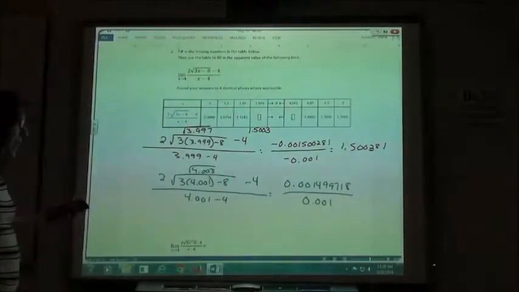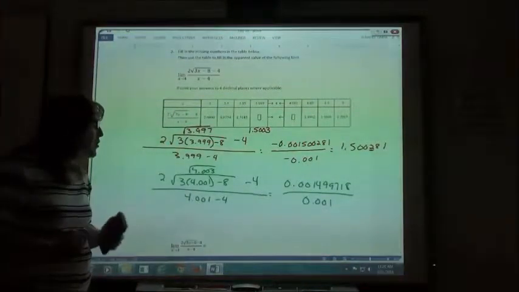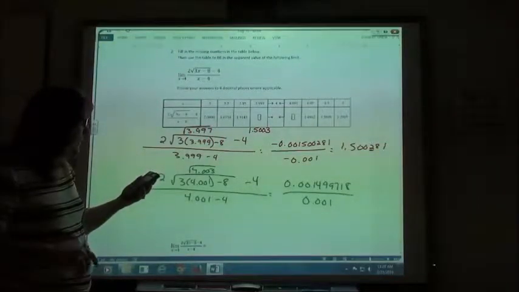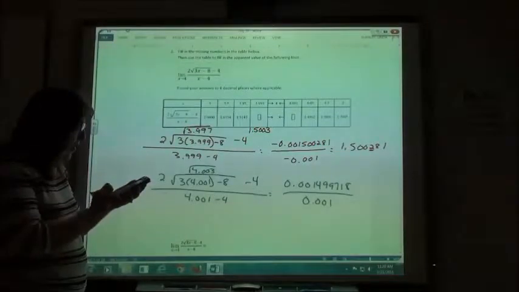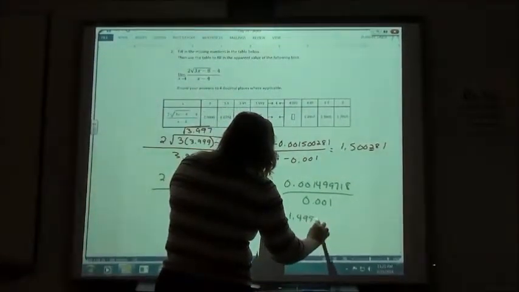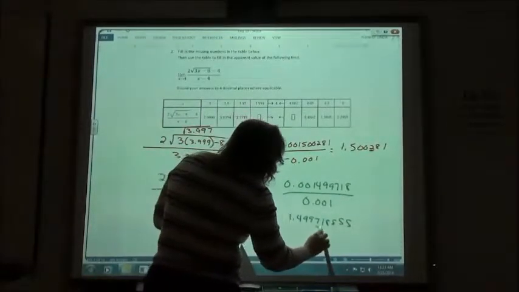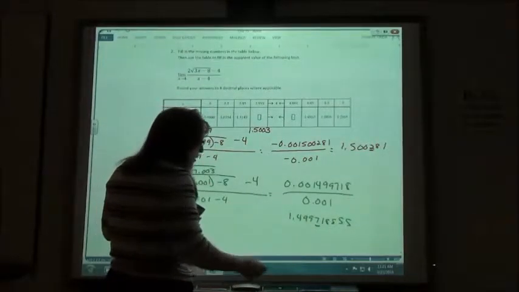So I'm going to take my top number, which is already in my calculator since I didn't use my subtraction down here. So 0.001499718 divided by 0.001 gives me 1.49971855. To 4 decimal places, I go to the 7. There's a 1 behind it, so I'm going to leave that one alone.